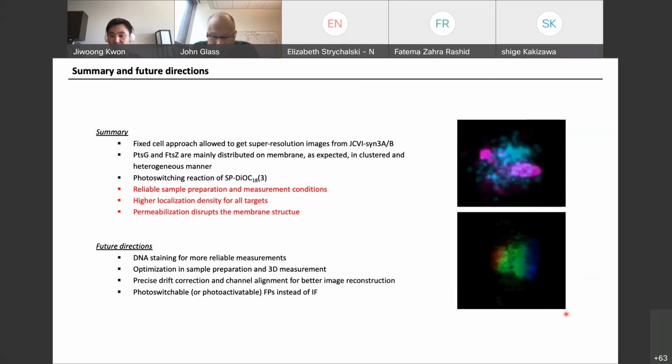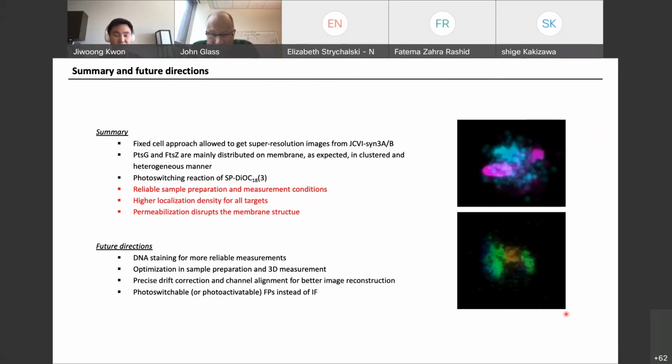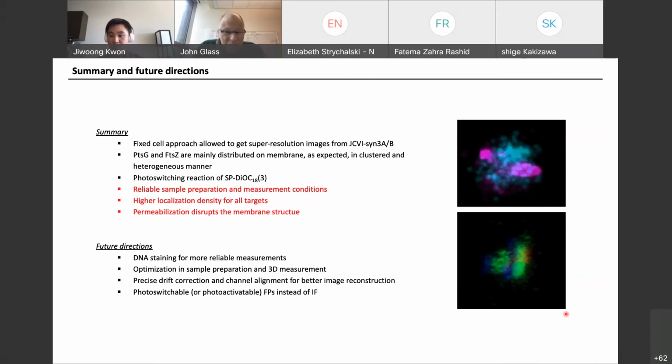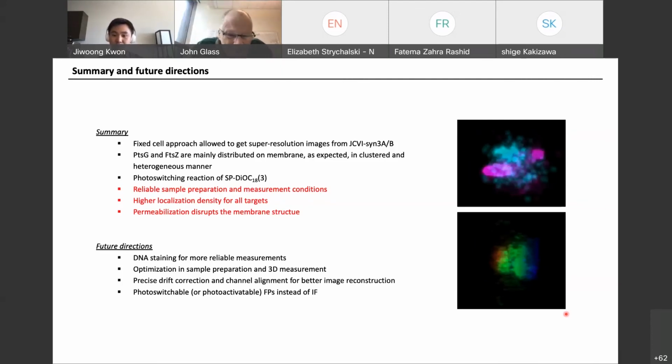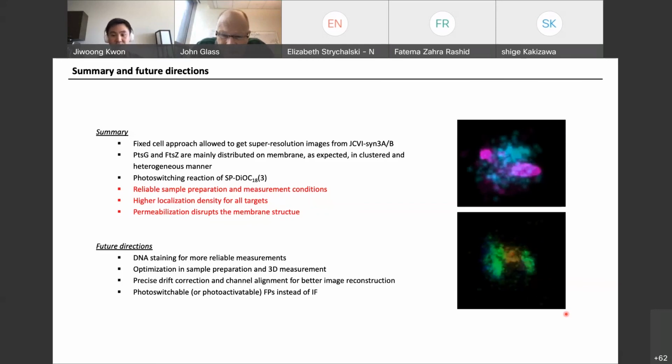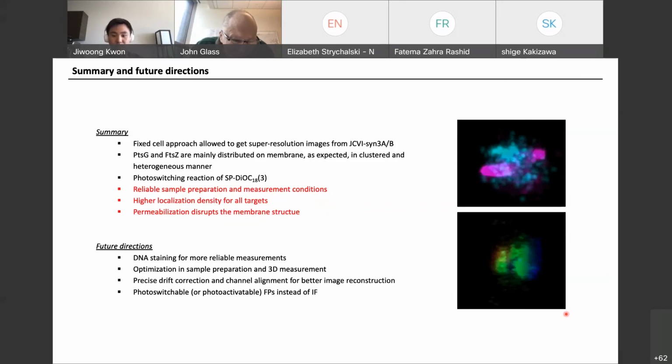SPDIOC allowed direct visualization of the cellular membrane, but the permeabilization step severely disrupts the membrane organization. So to proceed further, we need to optimize the conditions for the sample preparation as well as for the imaging to get more reliable measurements.